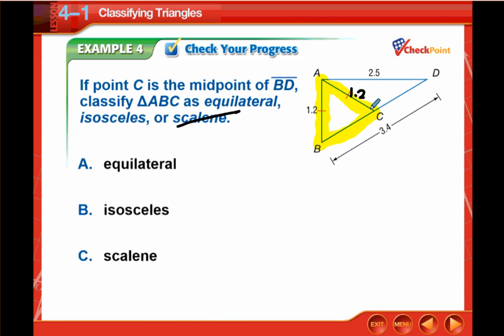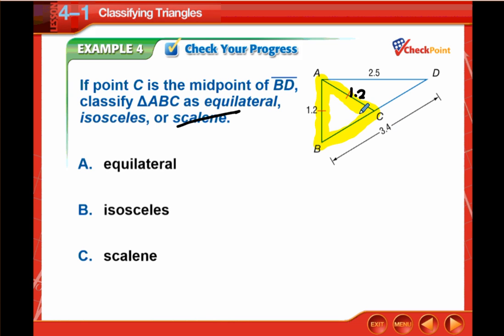We need to figure out what the length of BC is in order to compare it to the other two sides that we do know. And to find BC, we'll use the fact that C is the midpoint of segment BD. And segment BD is just segment BC plus segment CD. If C is the midpoint, then segment BC and CD must be equal to each other in length, which means that each of them is half of 3.4.